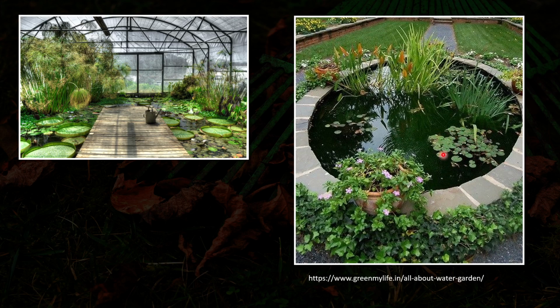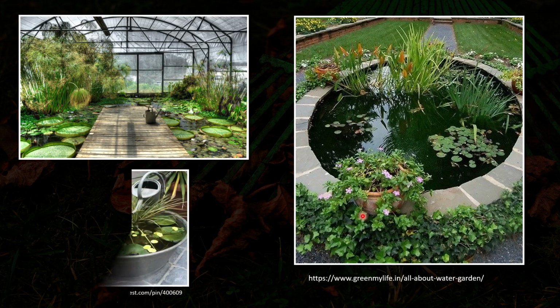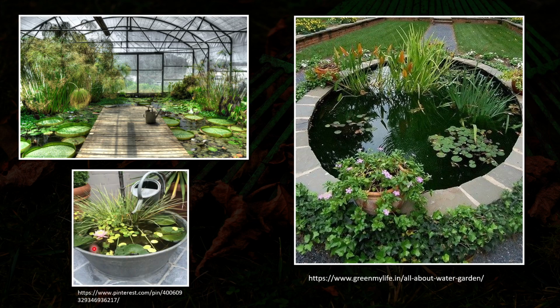And keep your bucket water garden in full sunlight, where you can get at least 6 hours of sunlight. Right? So this is it about water garden. Yeah, so this is a bucket garden. As you can see, these two are marginal plants and these are the floating plants that are used.